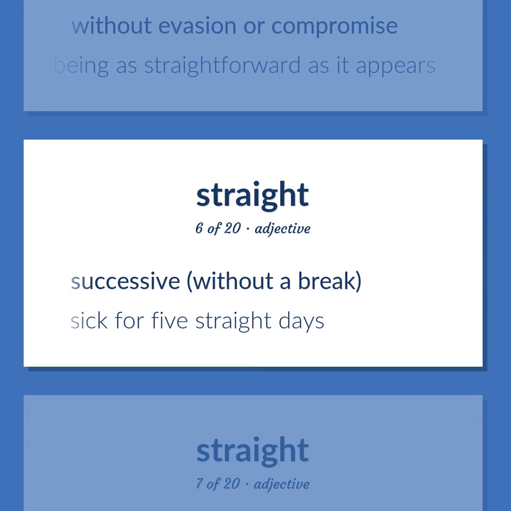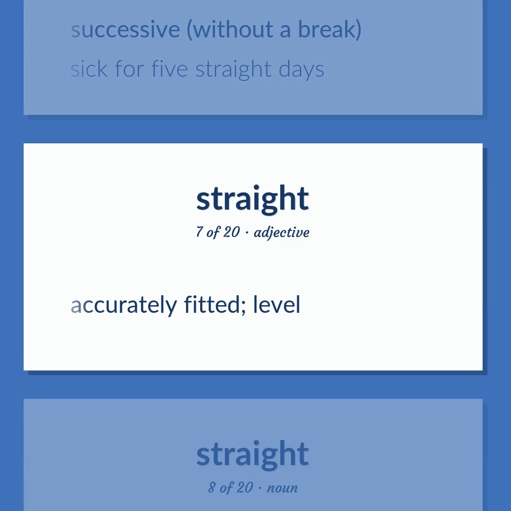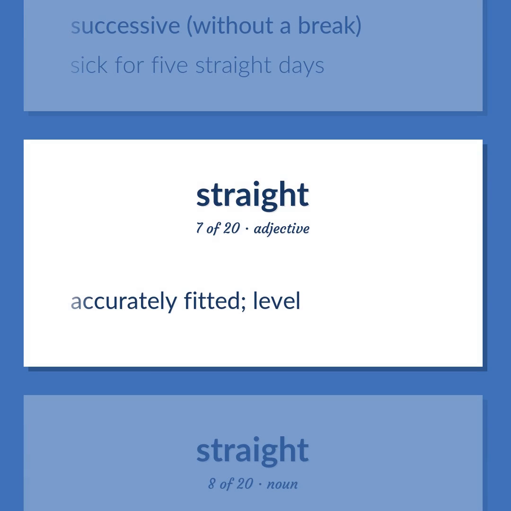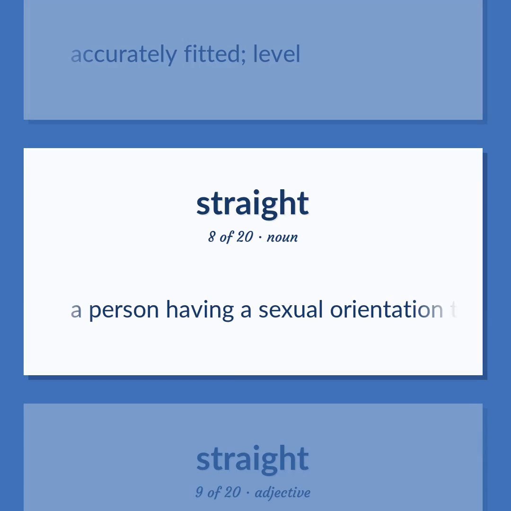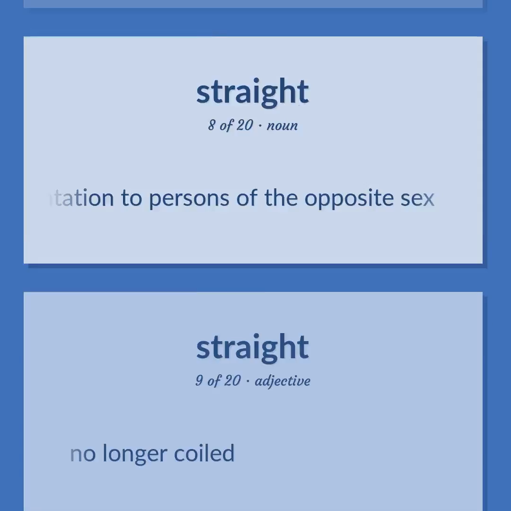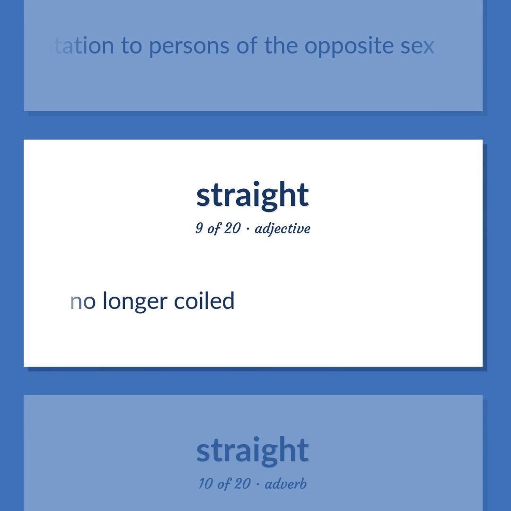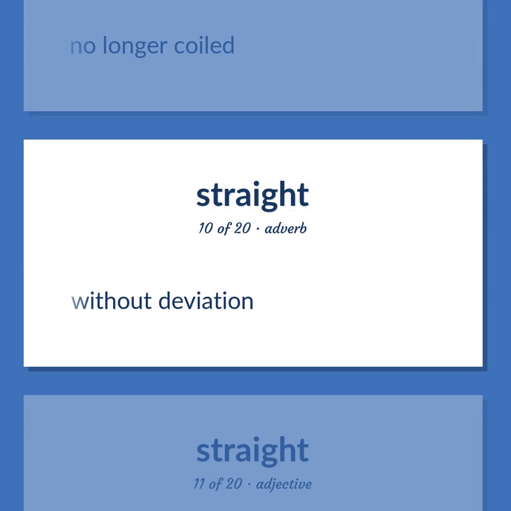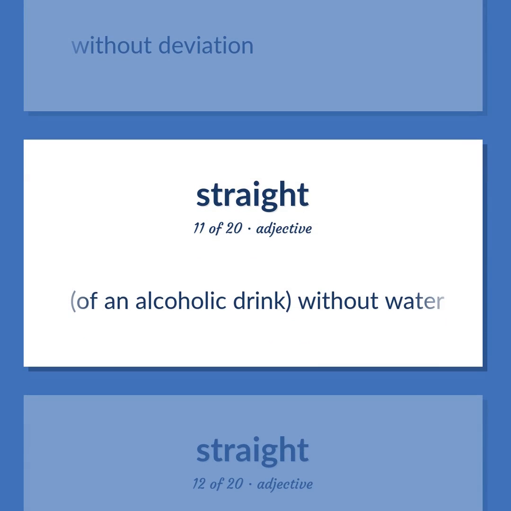Sick for 5 straight days. Accurately fitted, level. A person having a sexual orientation to persons of the opposite sex. No longer coiled. Without deviation. Of an alcoholic drink, without water.